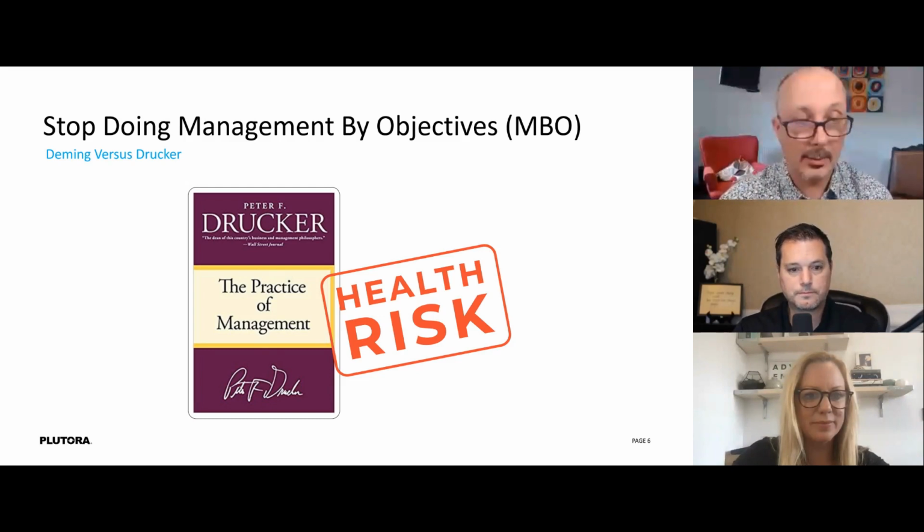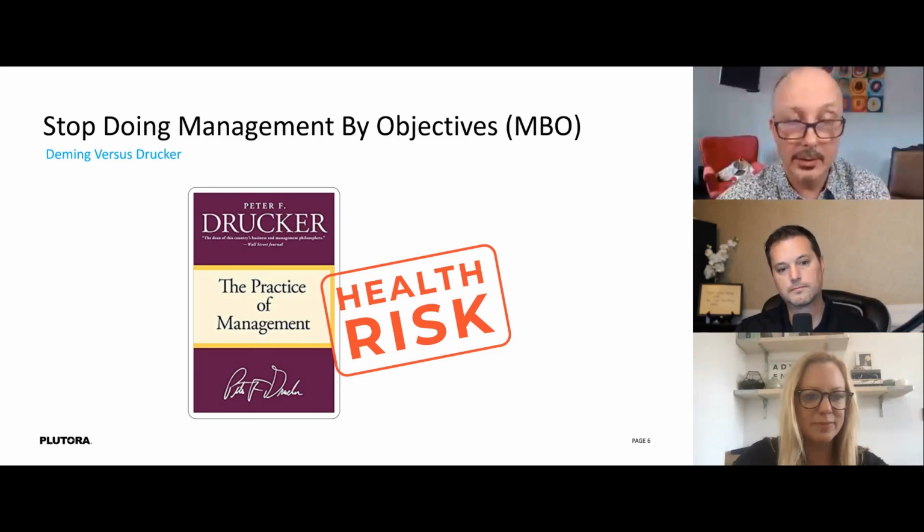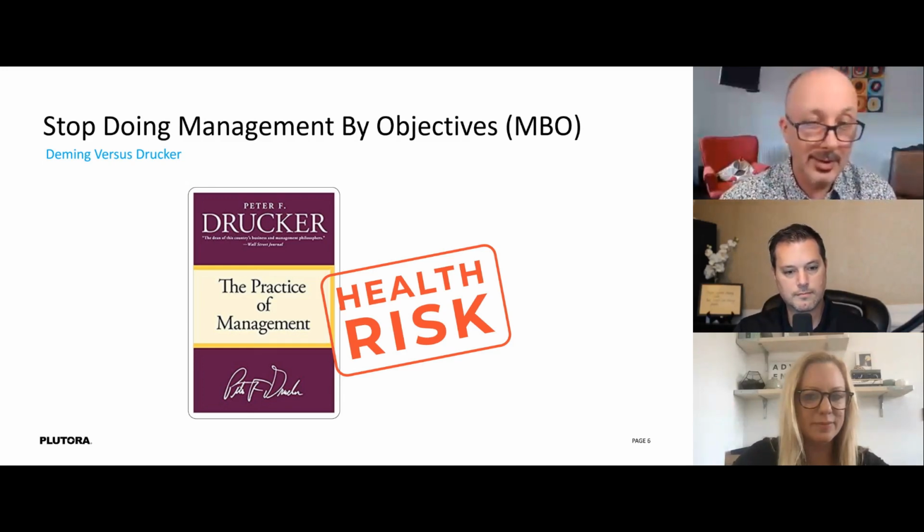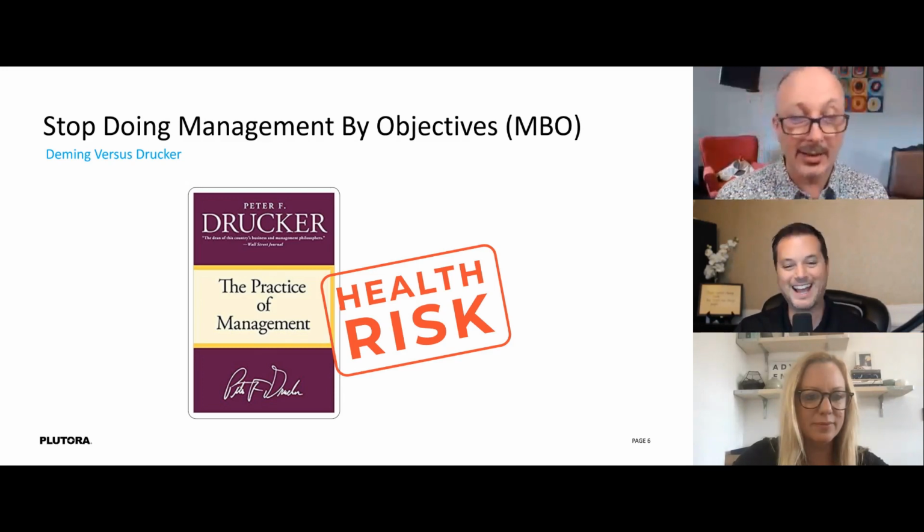But Peter Drucker actually went on to disown it because what he found is that senior leaders were imposing targets on people, not caring enough about how those targets were going to be fulfilled. And a few steps later you're into an accounting scandal, and what that sort of top-down target setting does is invite dysfunction.